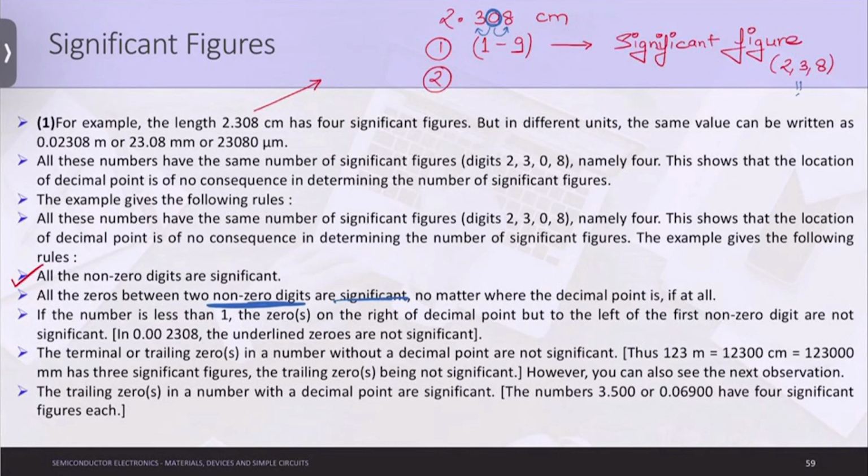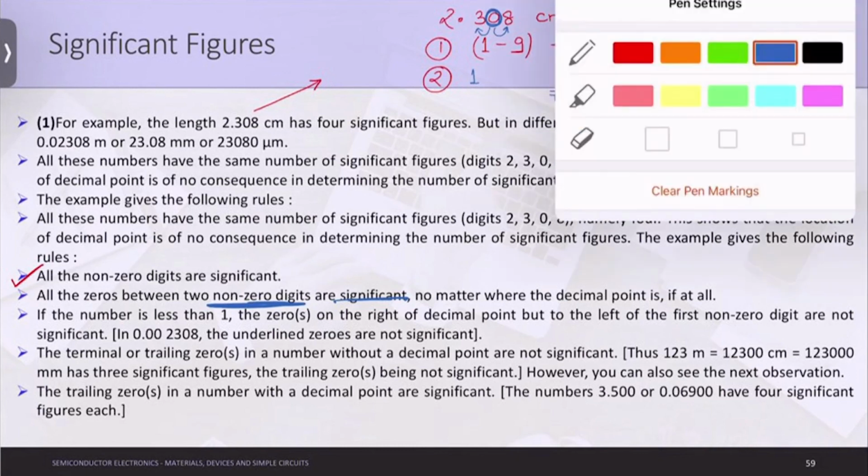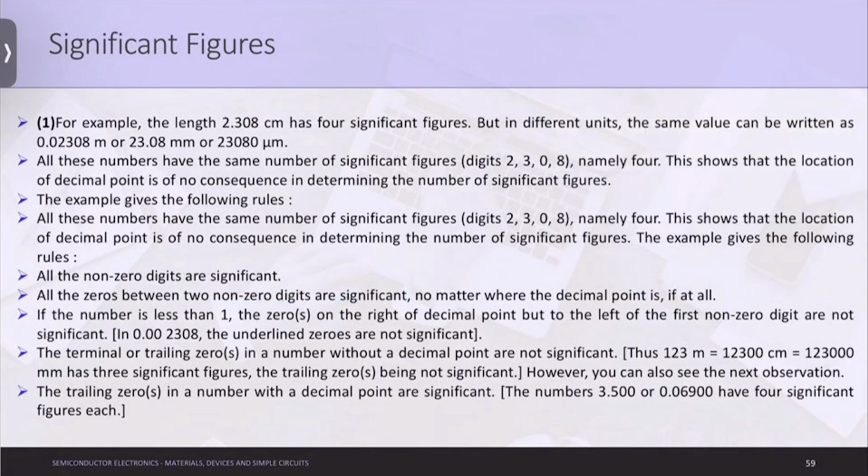So from here we got 3, from here we got 1, hence the total is 4. One more thing they are trying to imply: let us say we write 0.02308 meters. Here this zero is a significant figure, but these two zeros are not. So don't make a mistake here.